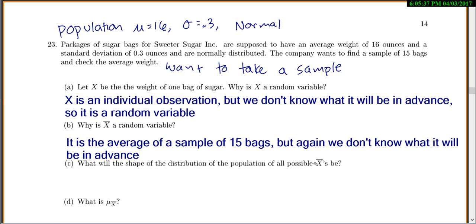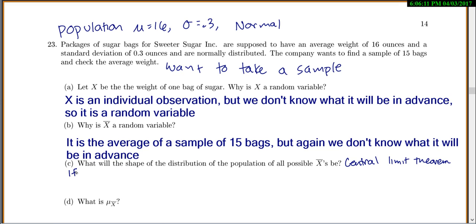Let's see, what would the shape of the distribution of the population for all the possible x bars be? So this comes back to our central limit theorem. And the central limit theorem says if you either start with a normal distribution or your sample size is at least 30, then the shape of the distribution for all your possible x bars would be normal.